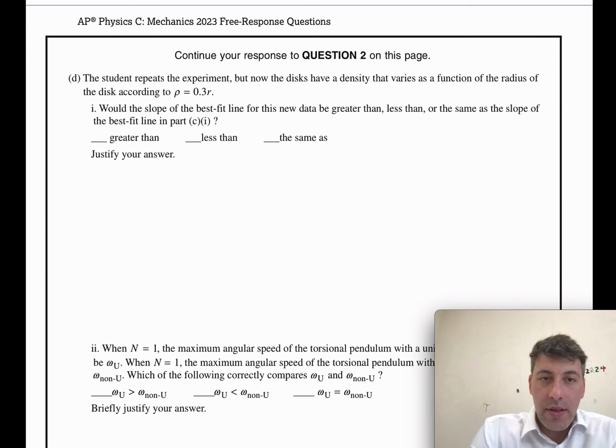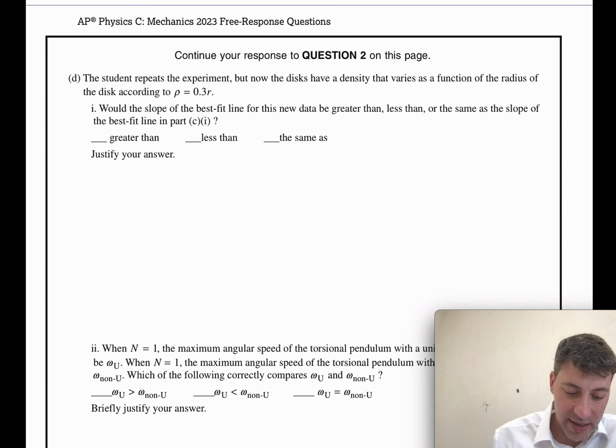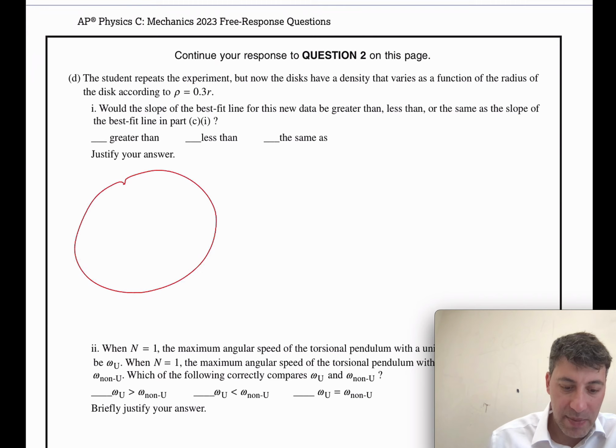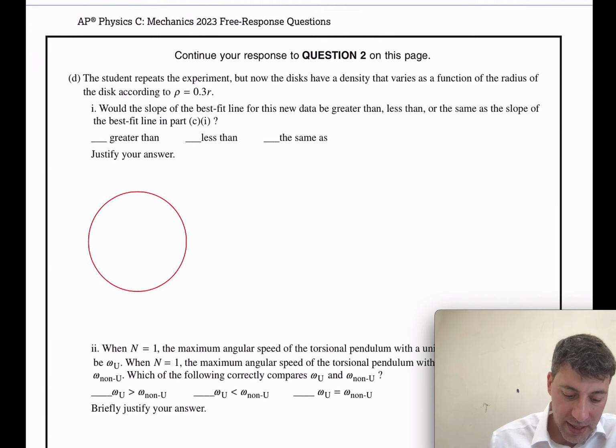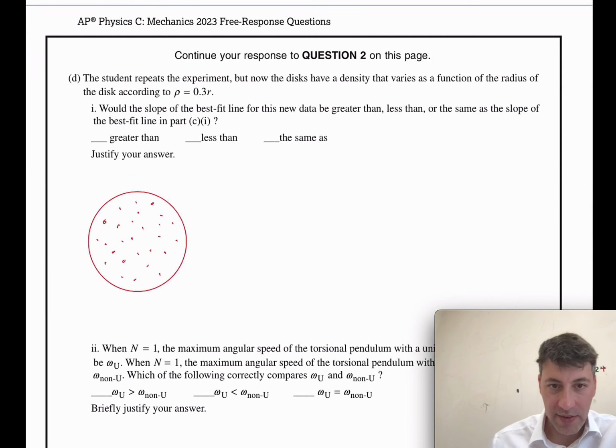where now the student repeats the experiment, but the two disks have a density that varies as a function of the distance from the center. Now, let's stop a little bit here and explain what this means. Like before, each disk had a uniform density, so if we could distribute the mass in this disk, we could have approximately the same mass in all of its area, in all of its surface.